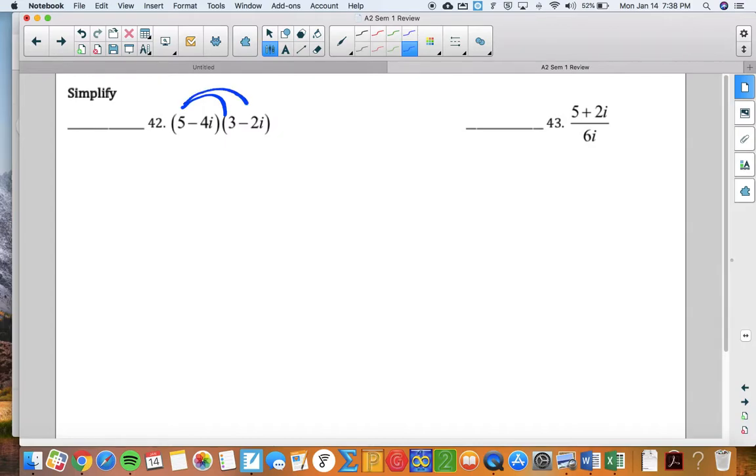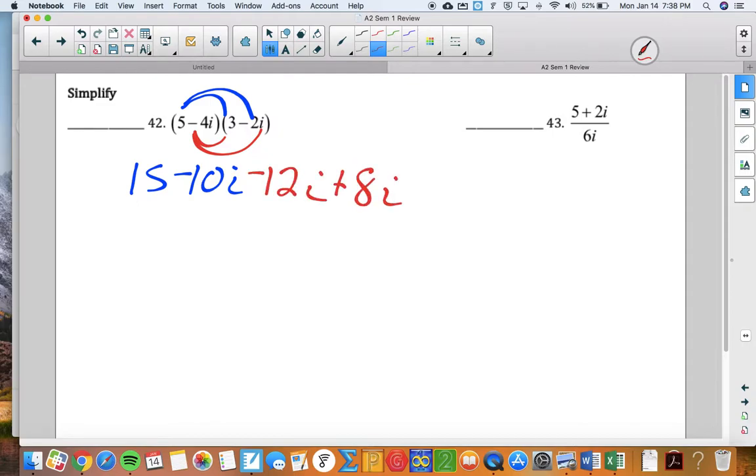Simplify, we're going to multiply the 5 to everything in the other parentheses, which is 15 and negative 10i. Multiply the negative 4i to everything in the parentheses, you get negative 12i and positive 8i squared. So here's how we simplify from here. We combine the i's together, which is negative 22i.